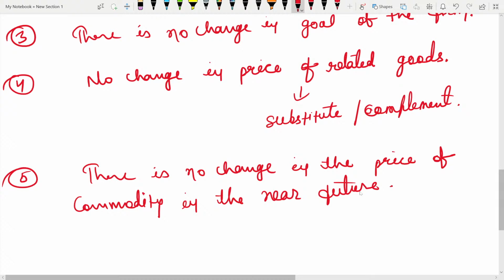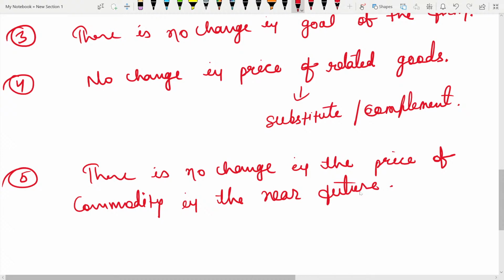Let's suppose what will happen in the future when some producers or some firms are just talking in the group that the price of the commodity may increase in the near future.